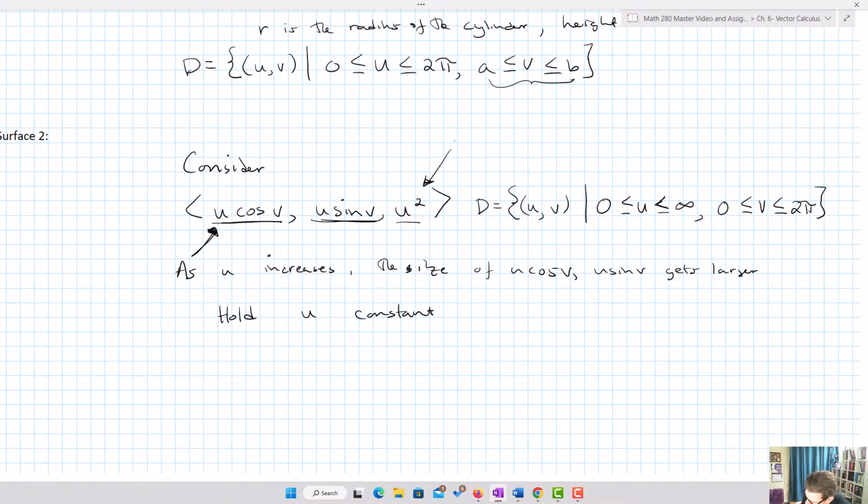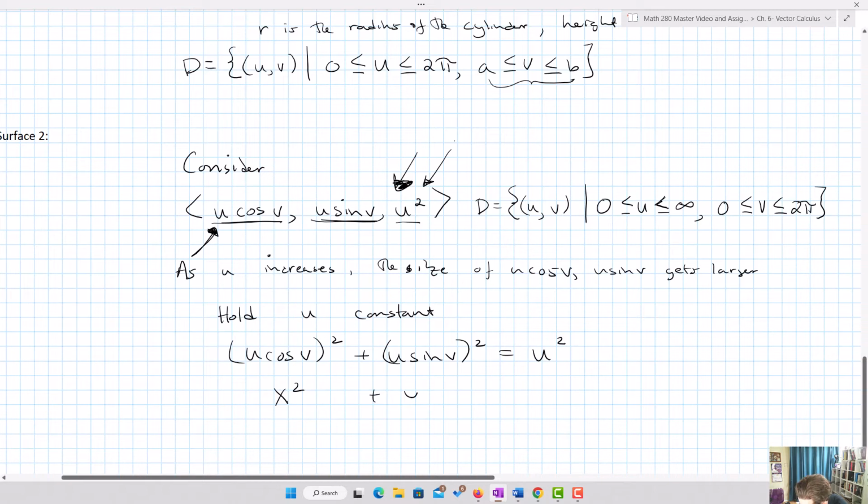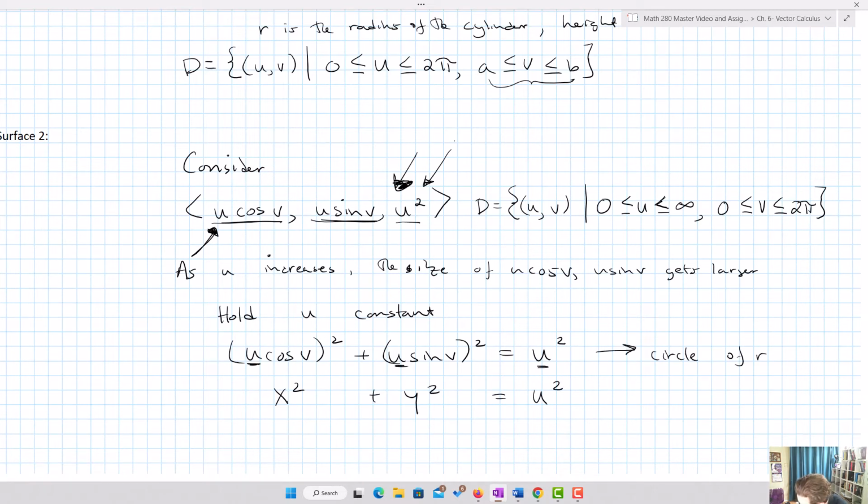So we've got u cosine v, squared, plus u sine v, squared, which is just going to end up equaling u squared, which, by the way, is z. I can actually rewrite this, and notice that this is x squared plus y squared, a circle of radius u. That's what's happening as I move up and down that z axis.